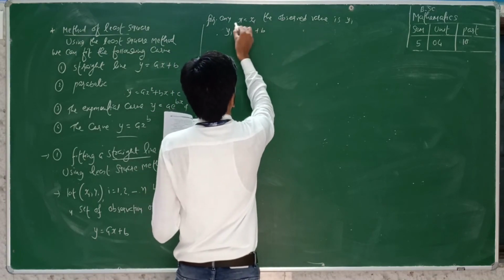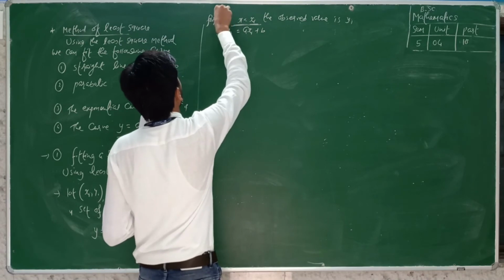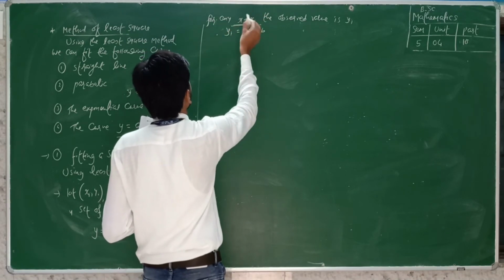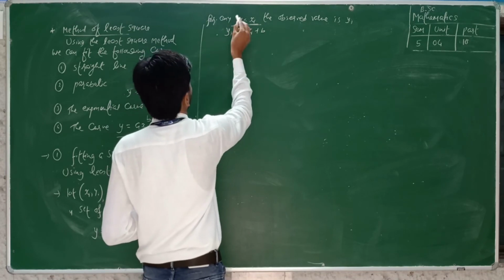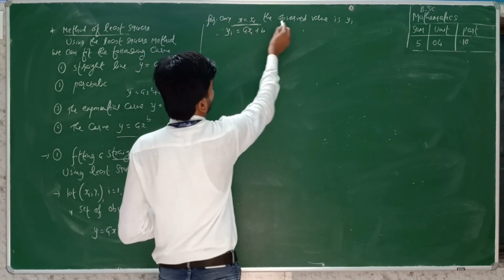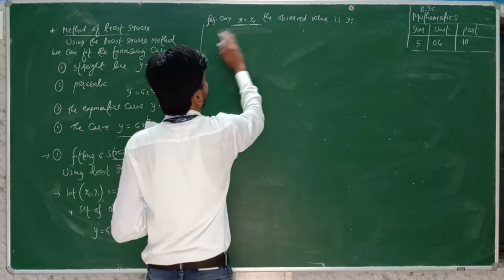So put any x is equal to xi, that means put any x is equal to 4, 5, 6. Then what is the change in the equation? Same as put x is equal to xi, the observed value is yi.